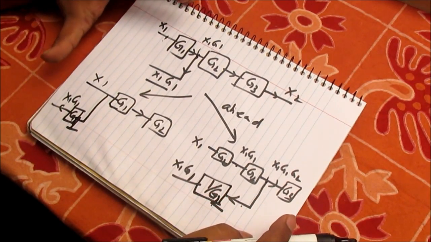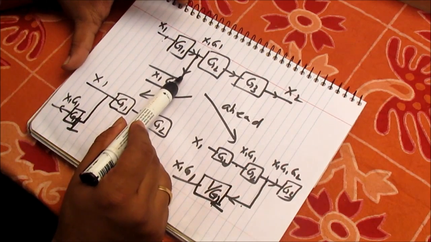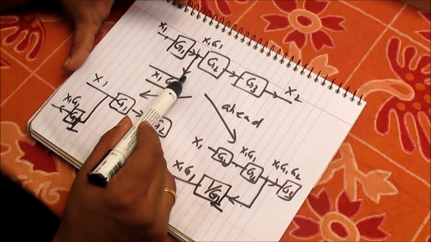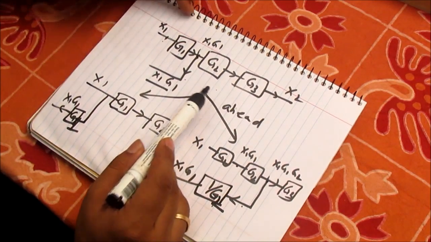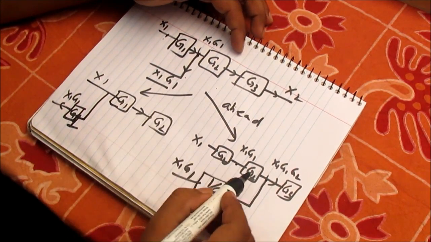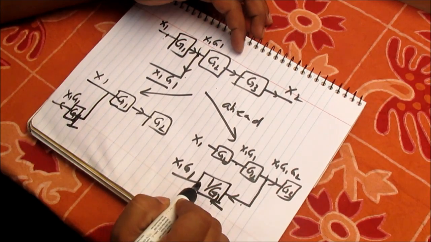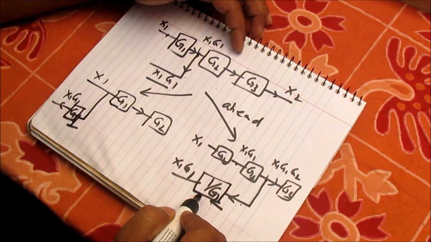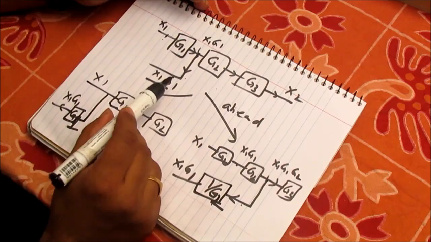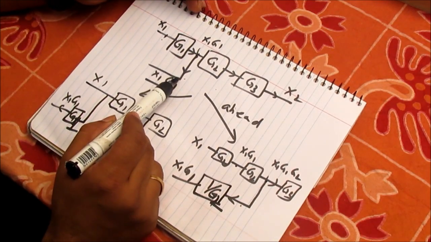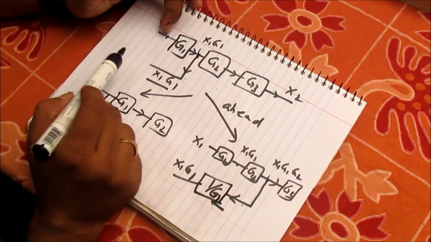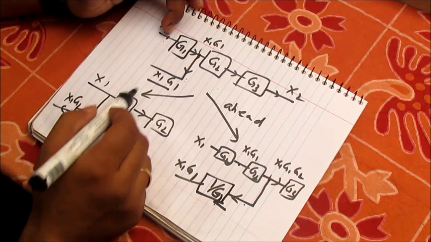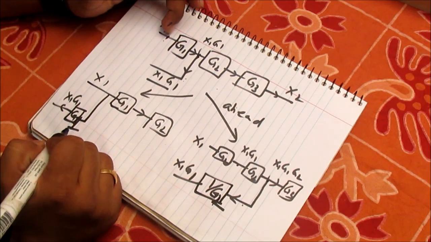So we have seen, if we have to place this takeoff point ahead of the given block G2, then we have to place another block which has value 1 by G2. And if we are placing this takeoff point before the block which has value G1, then we have to multiply by G1.